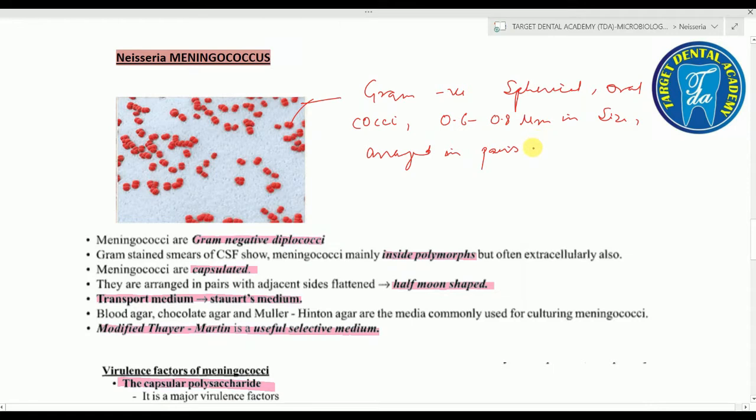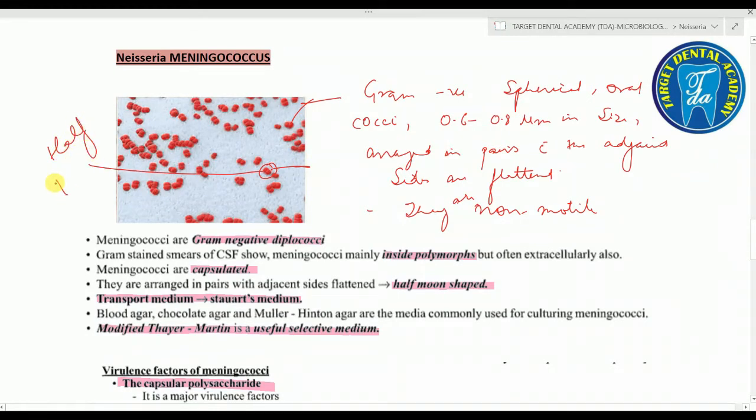It means these are diplococci with the adjacent sides flattened, and they are non-motile. The appearance is the half moon appearance.